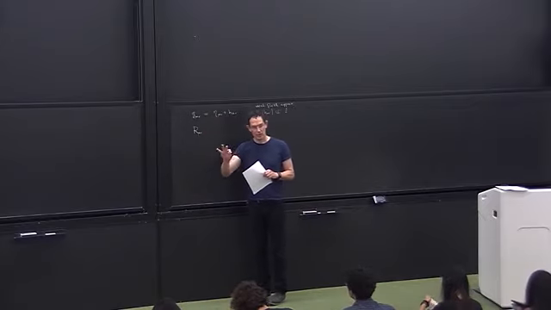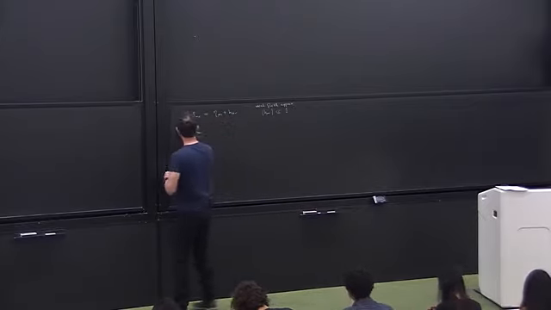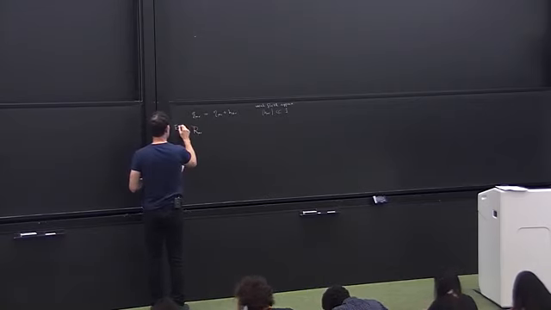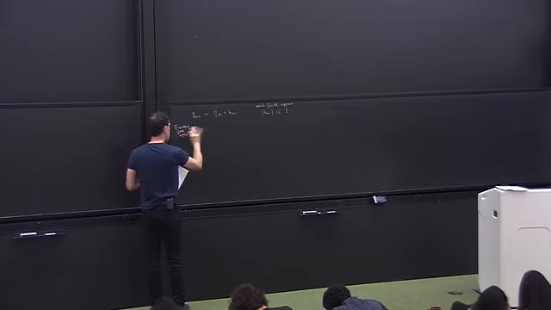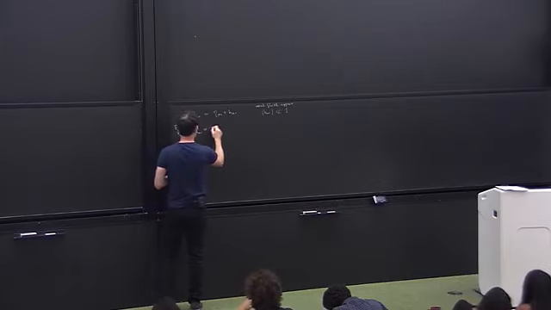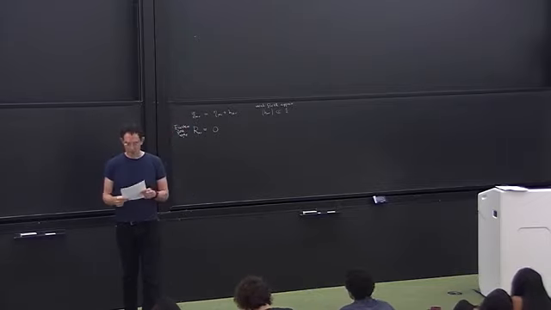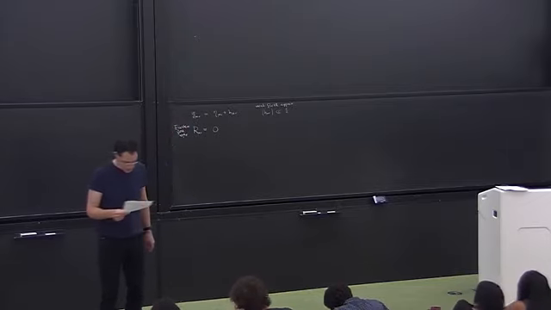And in this situation, the Einstein field equations, in the absence of any matter, as I showed you last time, just become the Ricci tensor is 0.